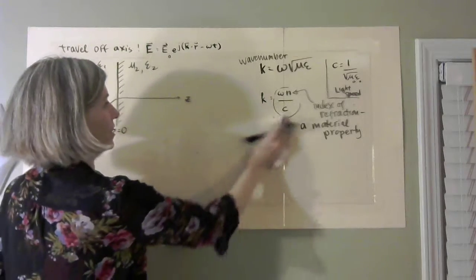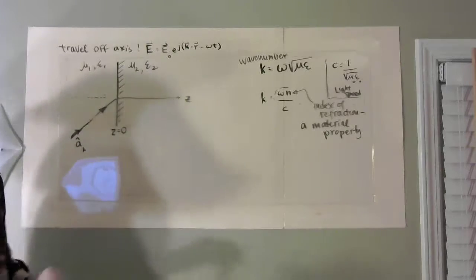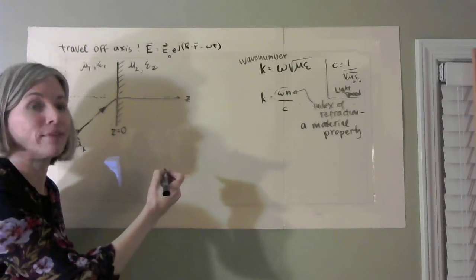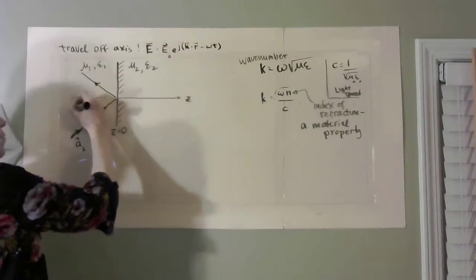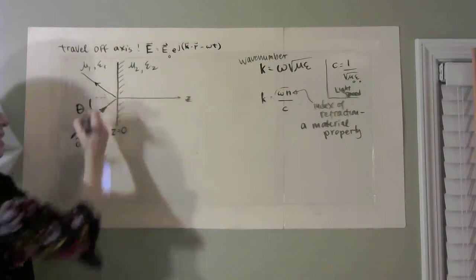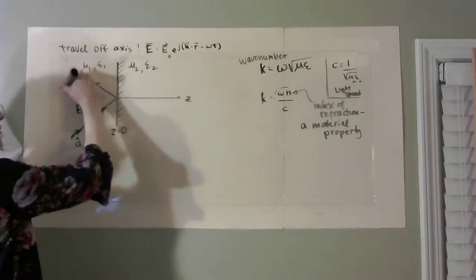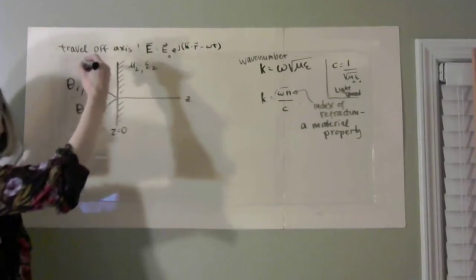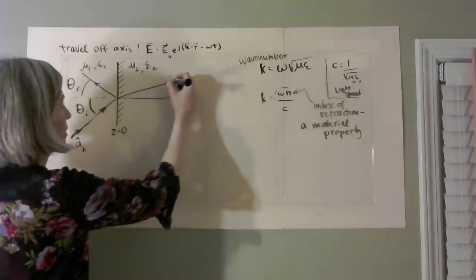What are we going to do with this? Okay. I'm going to think about what happens when we have a wave incident on a surface at some angle of incidence. We're going to get a reflected wave coming out this way, and you've probably seen this before in an earlier physics class. You're going to get a transmitted wave.